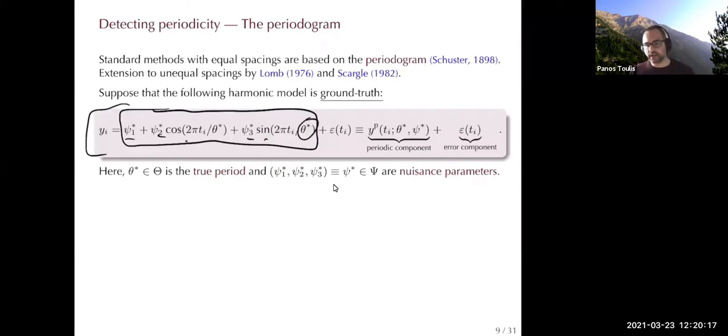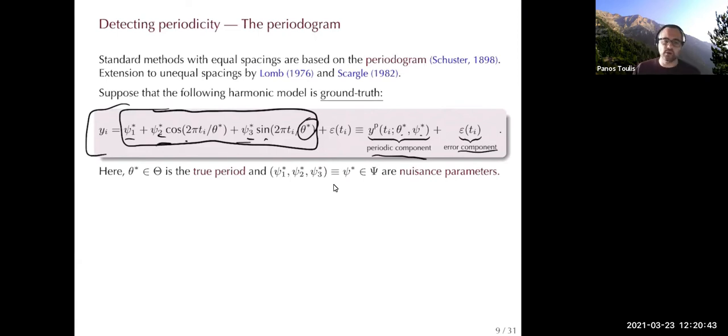So I can write this as a periodic component, Y_p, where theta star is the period and the psi star are these regression coefficients, plus an error component. I will use the term nuisance parameters for this psi star because we're going to focus on estimation of periodicity, but I should clarify that for detection of periodicity, these are not nuisance parameters, because detection of periodicity is basically the null hypothesis that these two coefficients are zero.